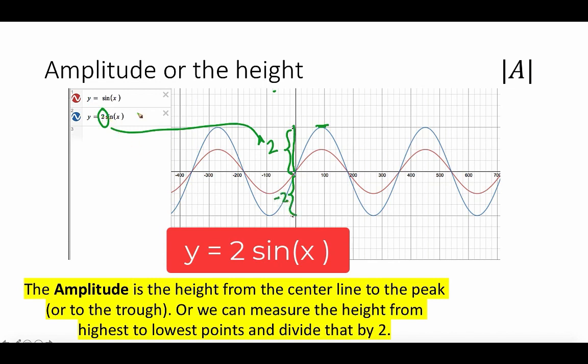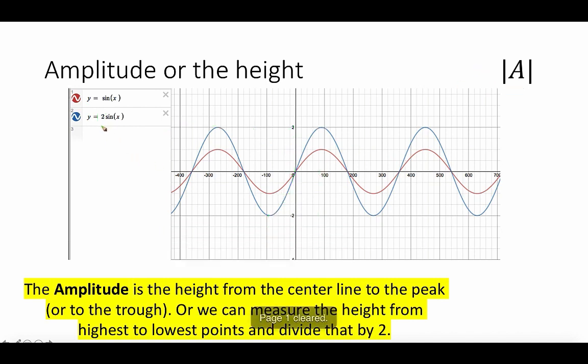So therefore, whatever is the absolute value of A, that represents the distance from the midline of the wave going to the highest point. So the distance from here going to this lowest point is twice the absolute value of A. Or from this point going to the midline is this value A. Now, if the sign of this A is changed from positive 2 to negative 2, the effect of that would be to reflect the graph vertically.